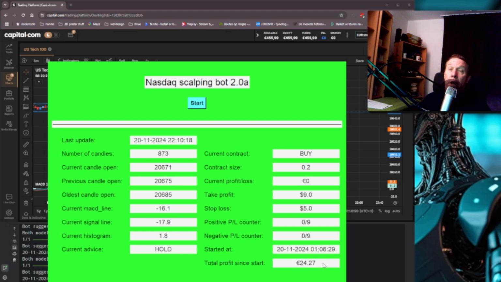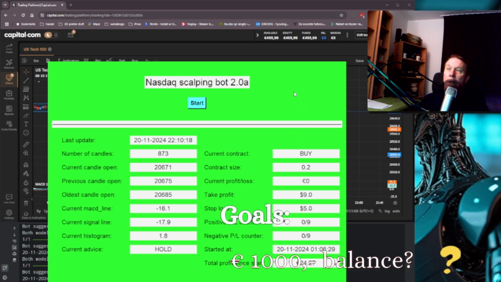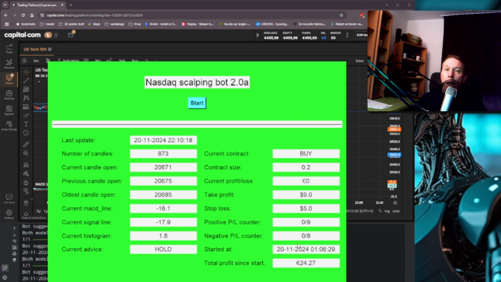And that is the 5% profit we're looking for every day. I calculated starting with 400 euros, 5% of 400 is 20. So if I made 20 euro today, it would mean a 5% profit.